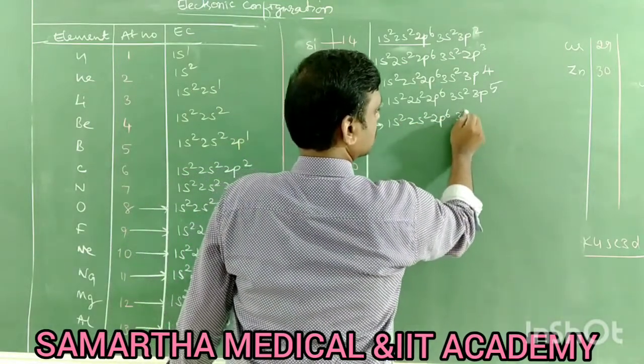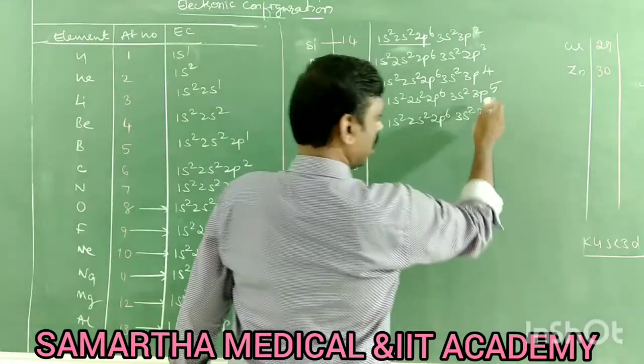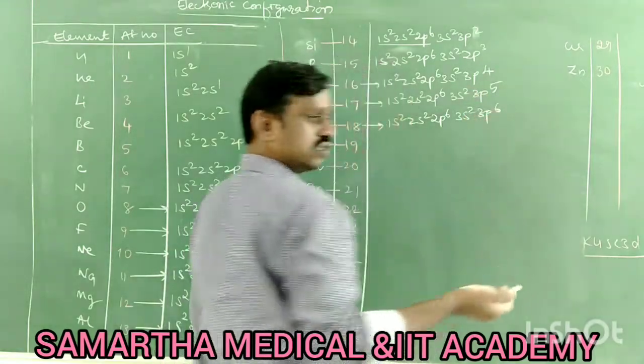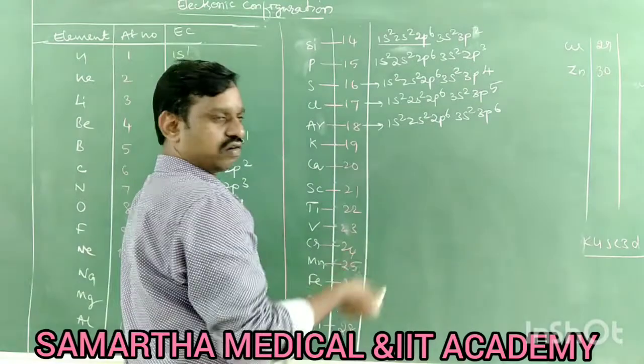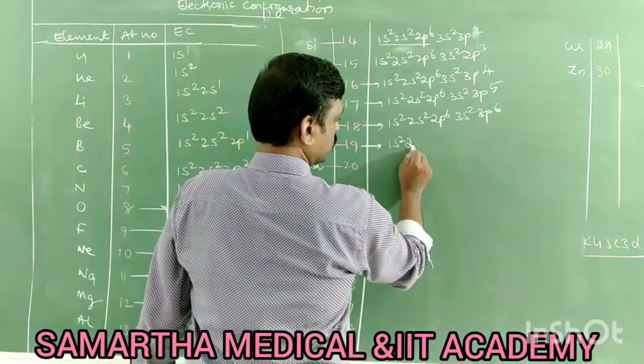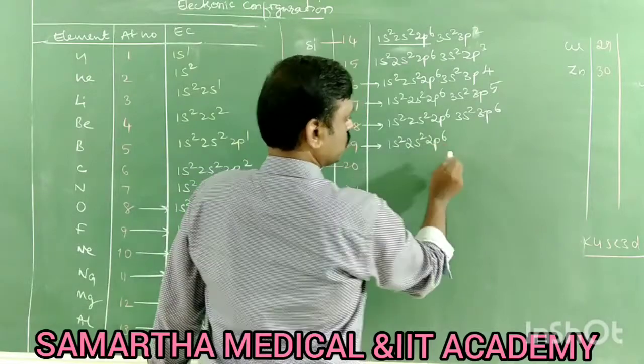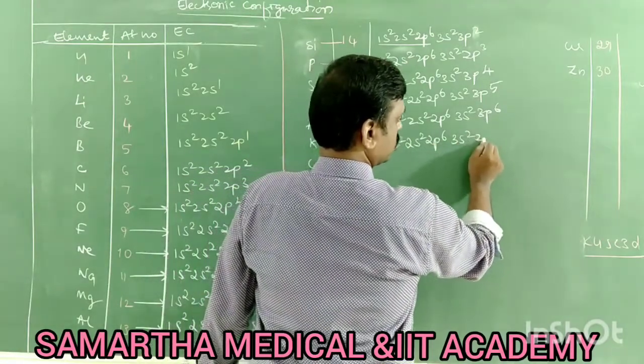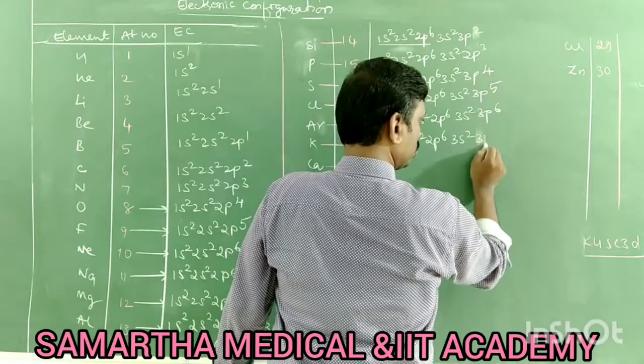After 3p5, 3p6. You just add one electron for each element. It is 1s2, 2s2, 2p6, 3s2, 3p6.